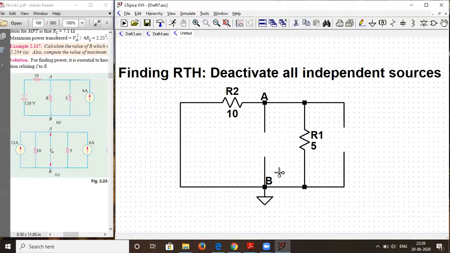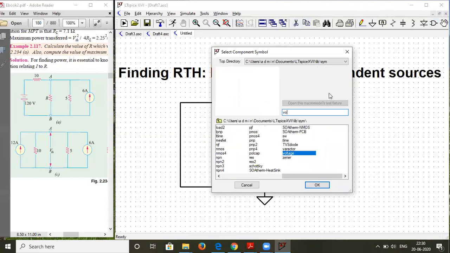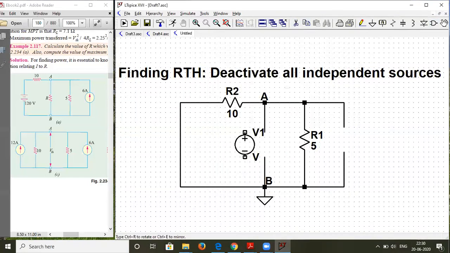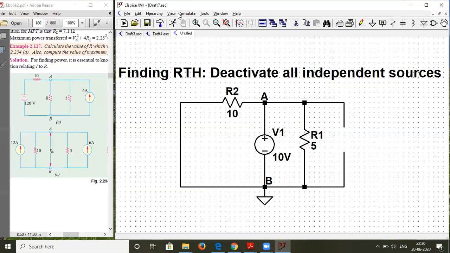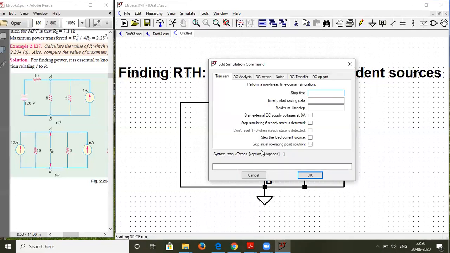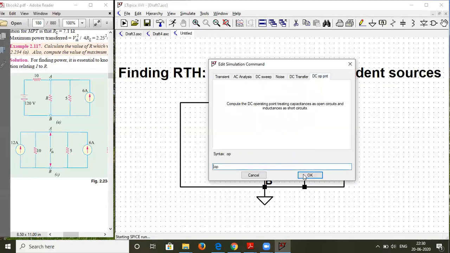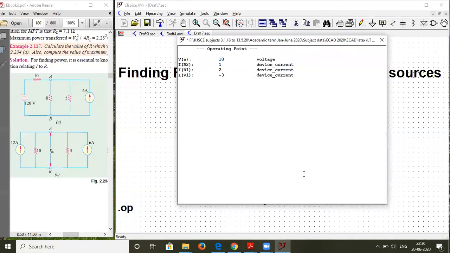Here it is pretty simple. You can directly see that RAB is 10 ohms parallel to 5 ohms. But still, in order to simulate this, we will externally apply a voltage and find the current through it. Let us say this is an externally applied voltage of 10 volts. If I run this, I'll get the current flowing through it.